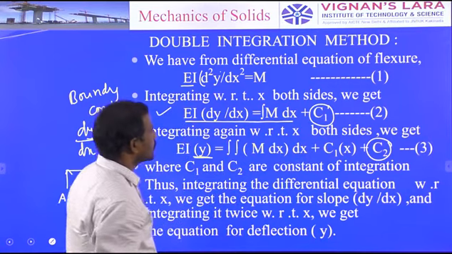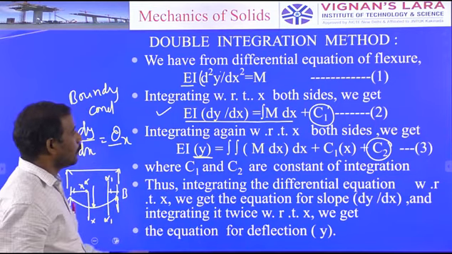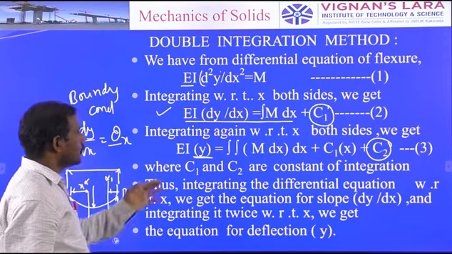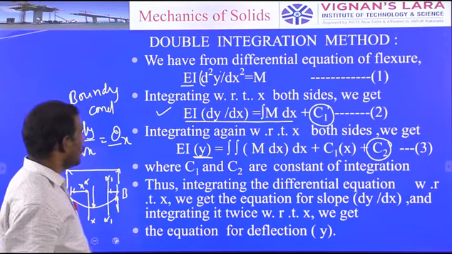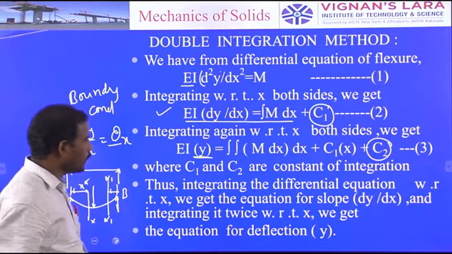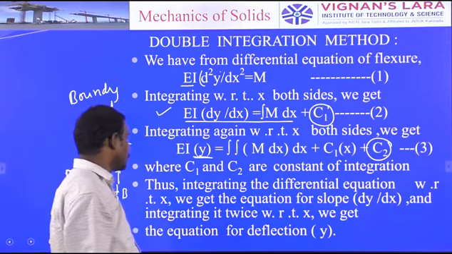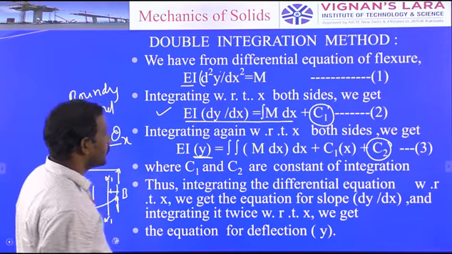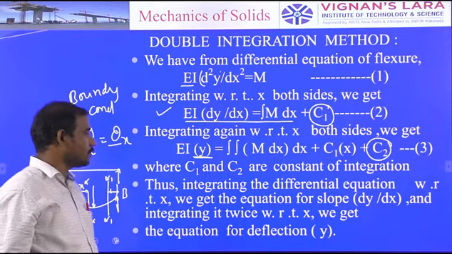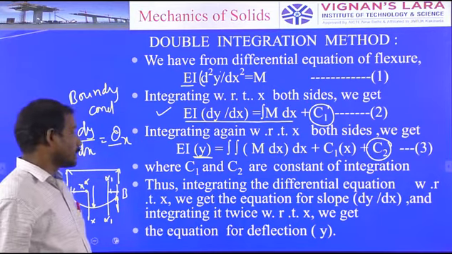Then equation number 2 has one more constant of integration, and you can find the C2 value also by imposing the boundary conditions, where C1 and C2 are the constants of integration. So integrating the differential equation with respect to x, we get the equations for slope and deflection.